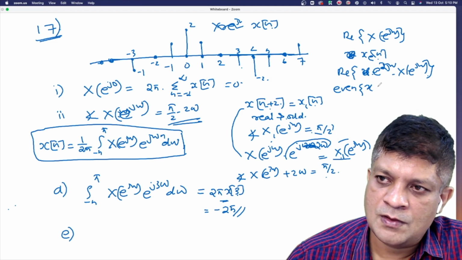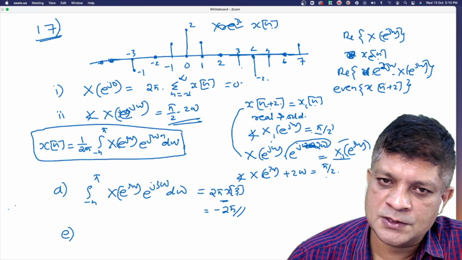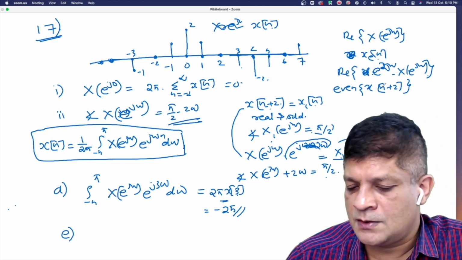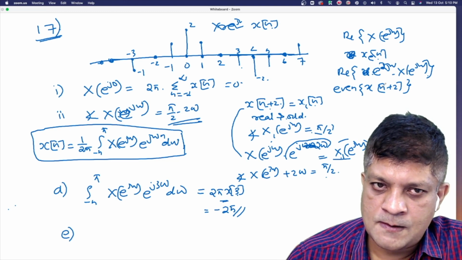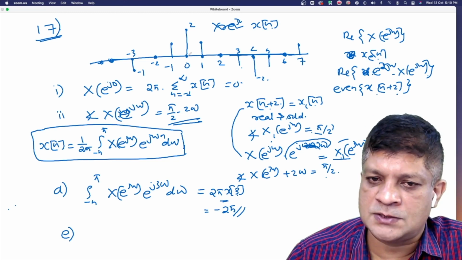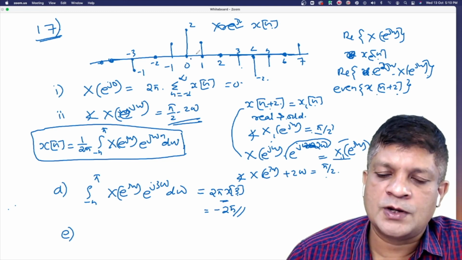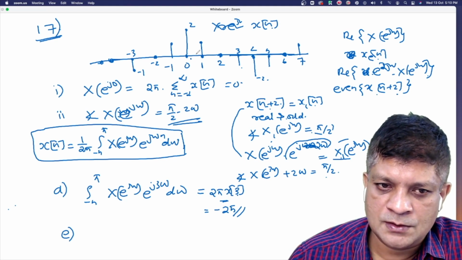Now the real part of e^{j2ω} X(e^{jω}) is the even part of x[n+2]. Tell me what is the answer? If you shift x[n+2], meaning shift it left by 2, you will get an odd signal. The even part of an odd signal is what? 0.